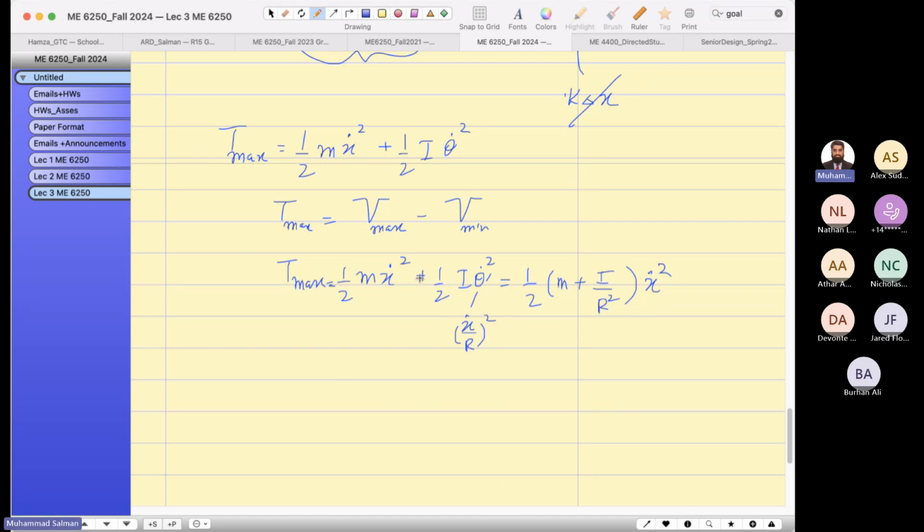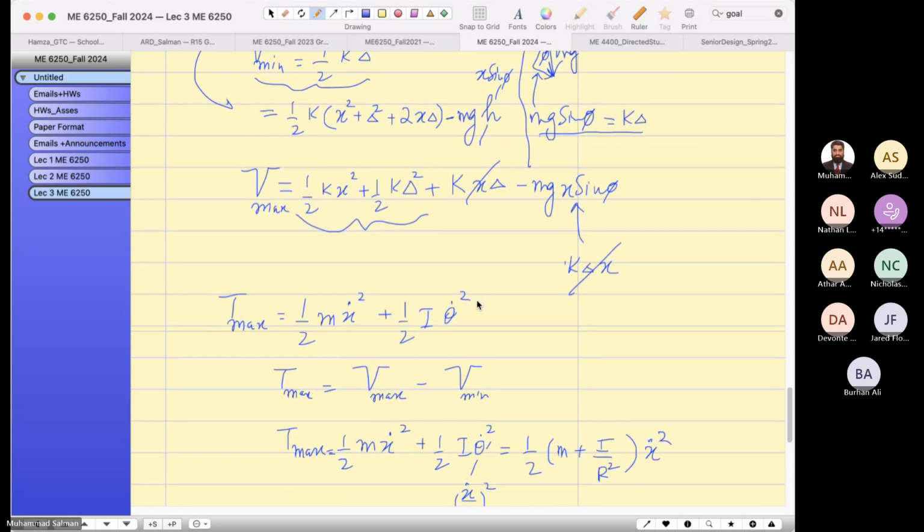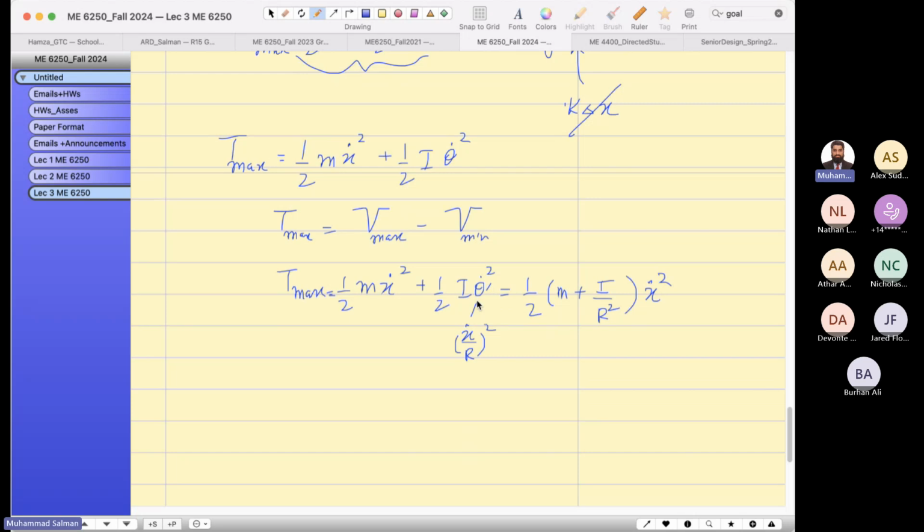So now we have everything ready. Now you will assume that simple harmonic motion can be written as a sine omega n t.